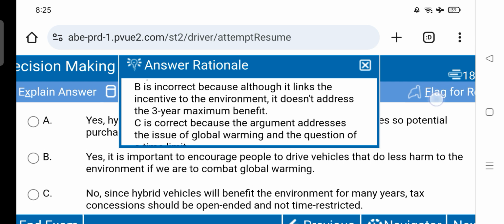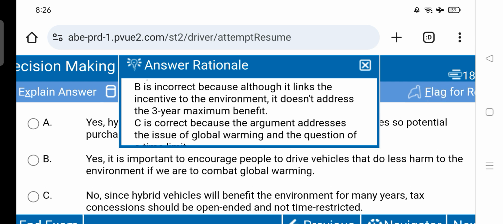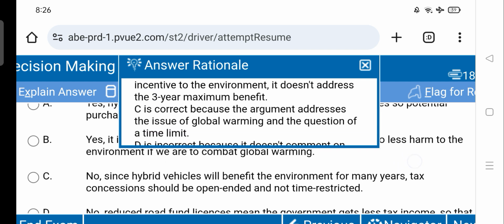B is incorrect because although it links the incentive to the environment, it doesn't address the 3-year maximum benefit. C is correct because the argument addresses the issue of global warming and the question of a time limit.